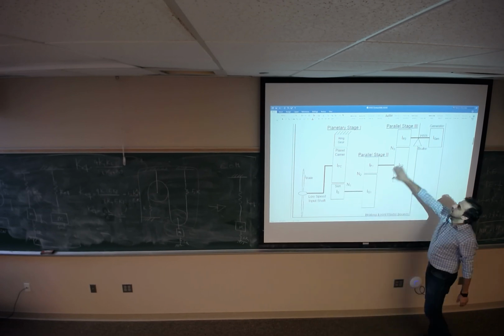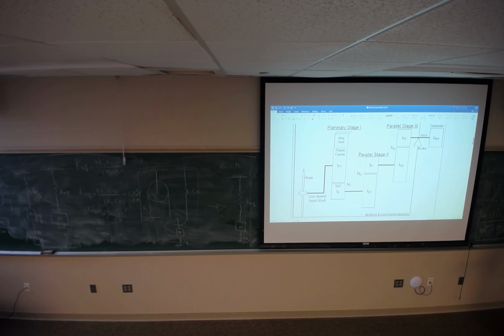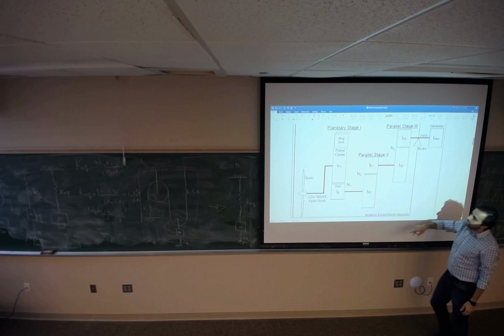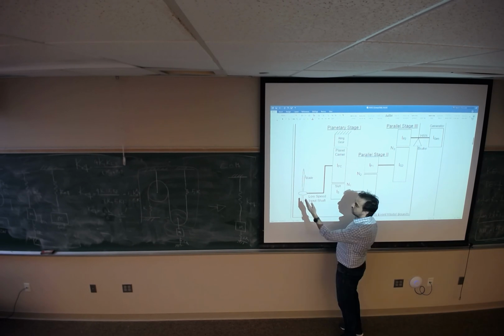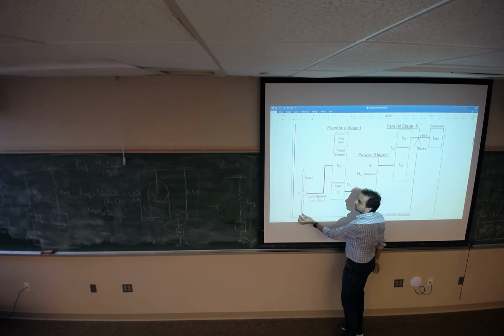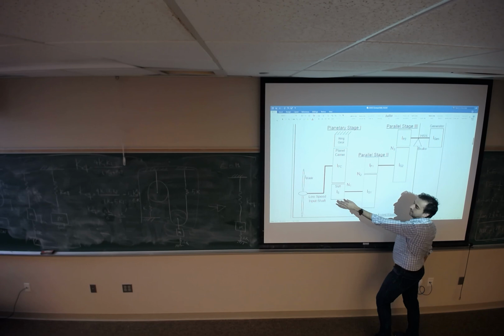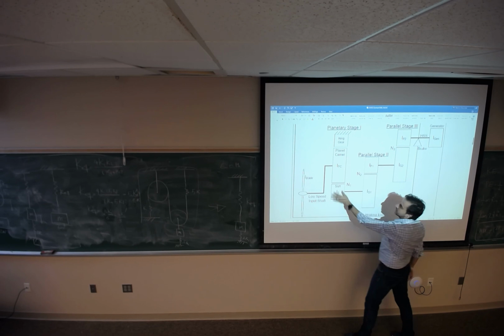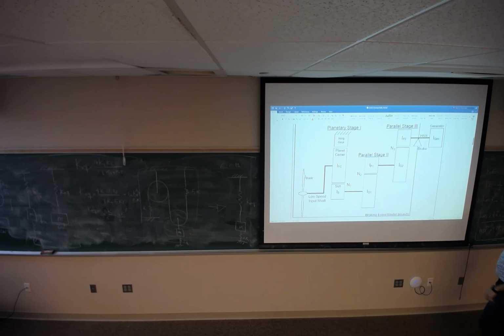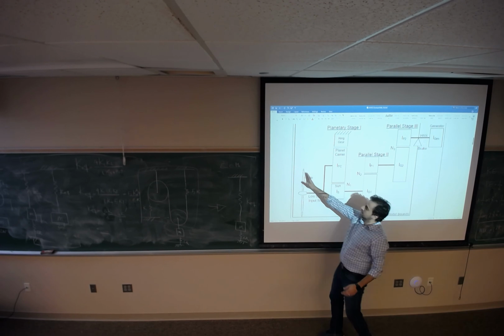Second stage, third stage, and then the high-speed shaft connecting the gearbox to the generator. What you did in the first homework, you found equivalent polar moment of inertia for blades and gears in each stage with respect to the speed of the blade.